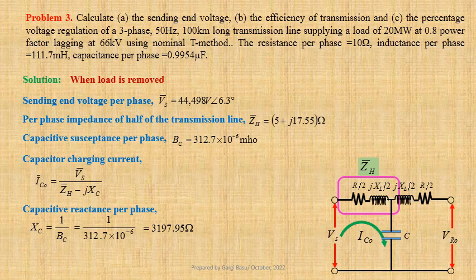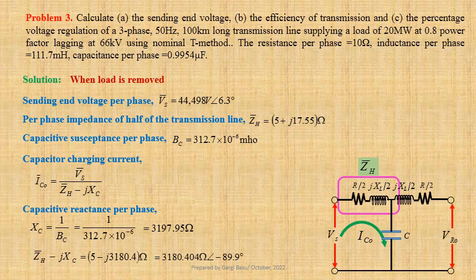Let us now determine ZH minus j times XC, that is equal to 5 minus j times 3180.4 ohm. This may be expressed in polar form as 3180.404 ohm at an angle minus 89.9 degree.